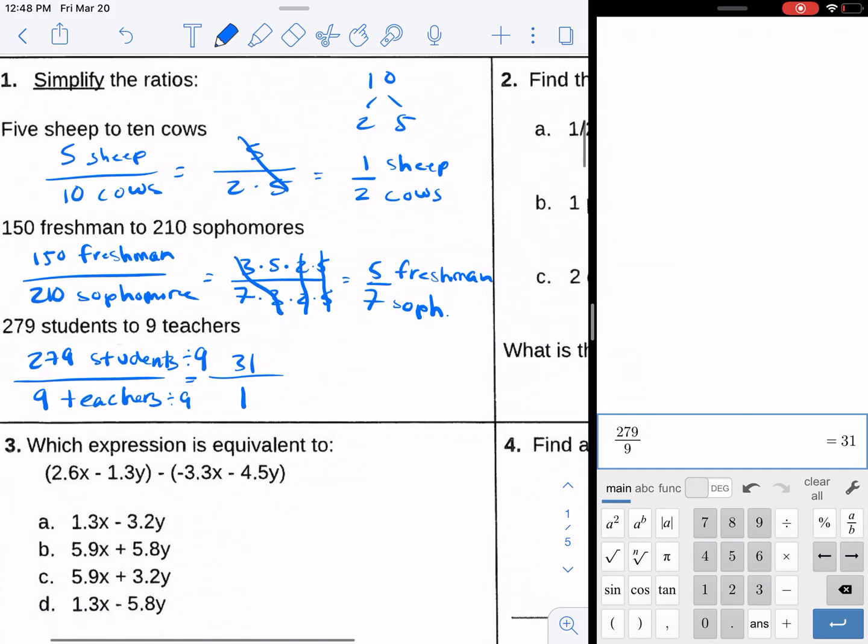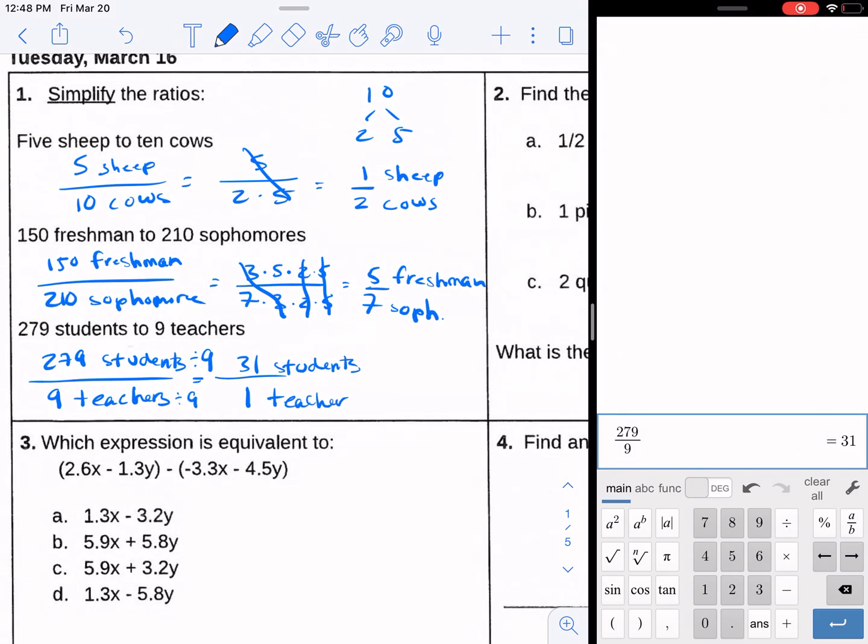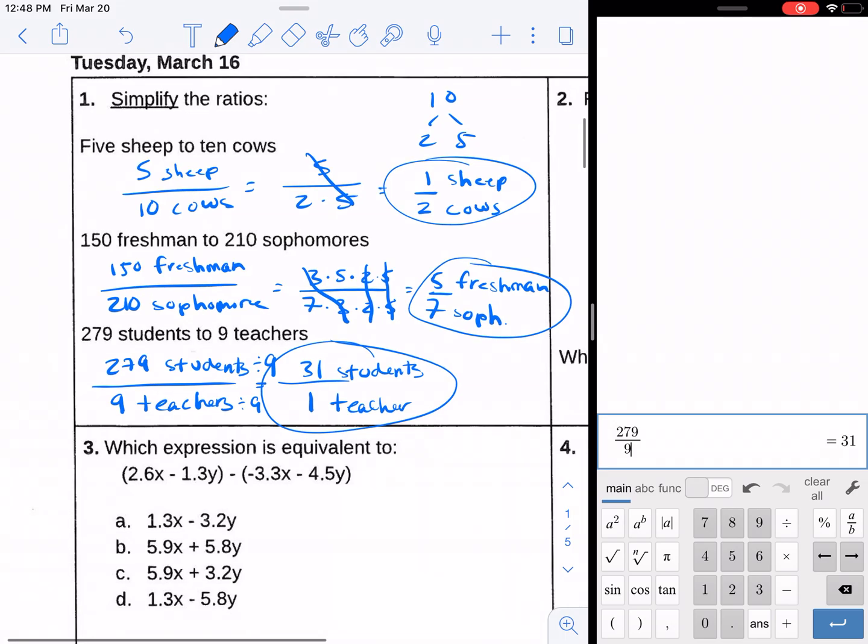So it's 31 students for every 1 teacher. And there's your simplified ratios. All right, so that was number 1.